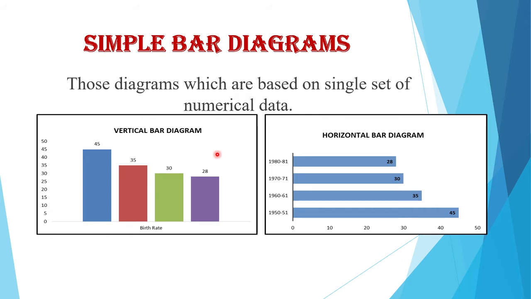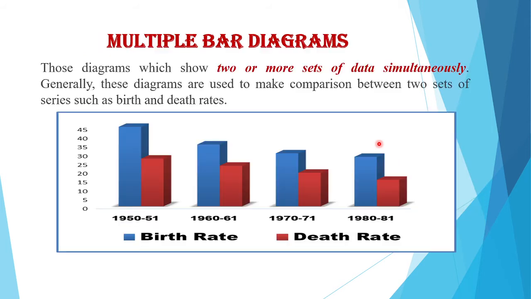Here you can see the bar diagram where we represent only birth rate. This is an example of a simple bar diagram. These diagrams can be represented in vertical or horizontal form, and both represent only one set of numerical data.